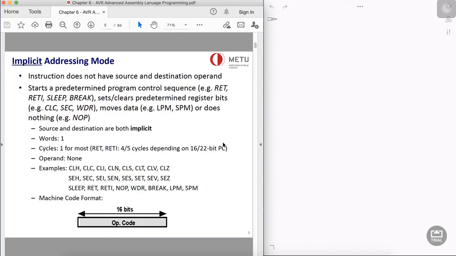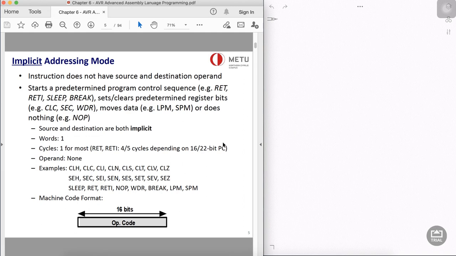These instructions don't have a source or destination. It's hidden, it's implicit. So we can just have the instruction. There are no registers written over there. This is one word, and the cycles are generally one, but some of these take 4 or 5 cycles.